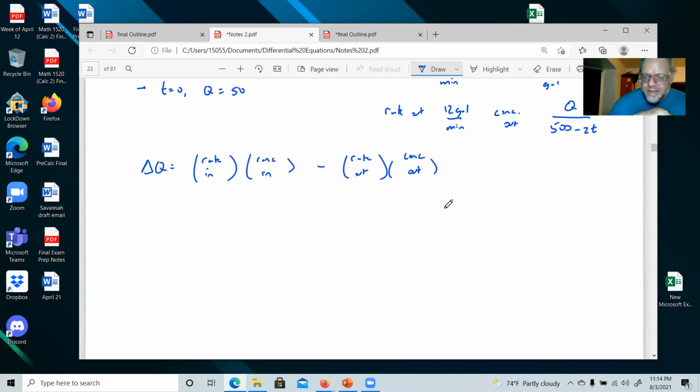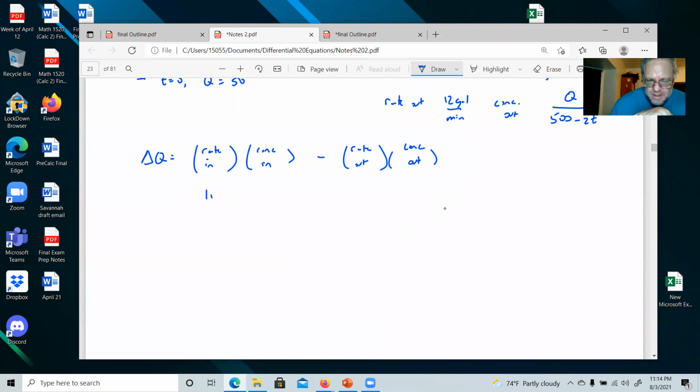So let's go ahead and sort that out. We have rate in, that's 10 gallons per minute. Our concentration in was 5 pounds per gallon. So gallons cancel, we have pounds per minute, minus what's our rate out? Our rate out is 12 gallons per minute.